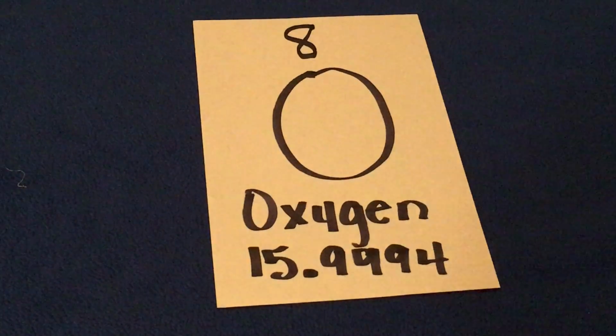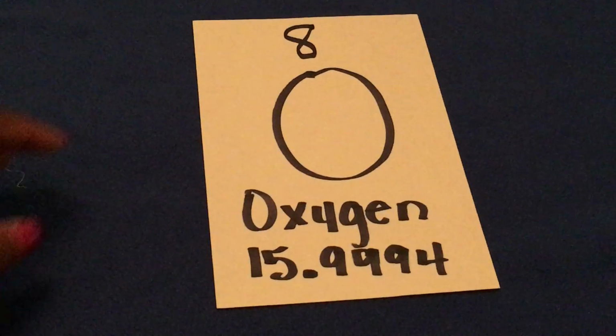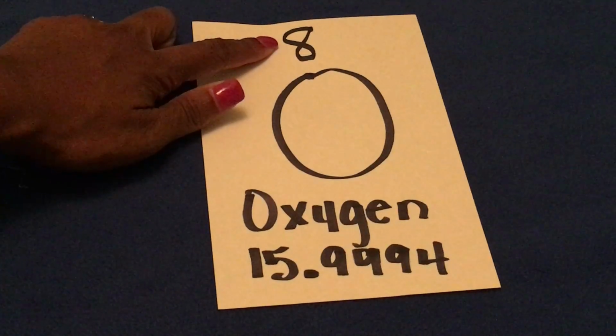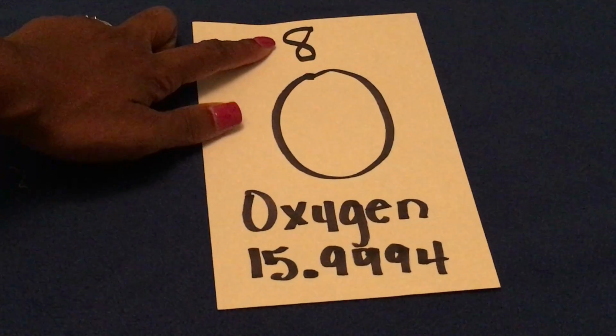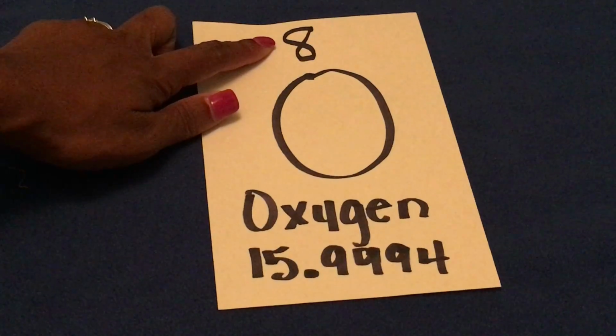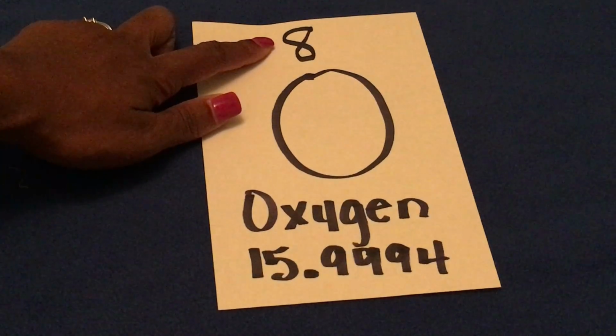We took a look at some of the parts of the periodic table. So we looked at the atomic number. Okay, so oxygen's atomic number is 8. Can you think about what this number 8 represents? So think about our conversation a couple of days ago. What does this number 8 represent?